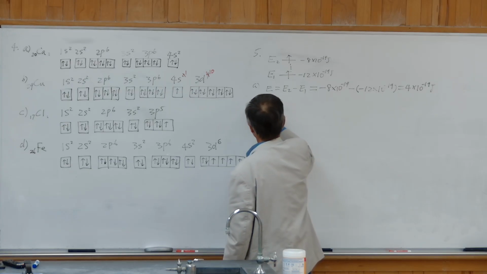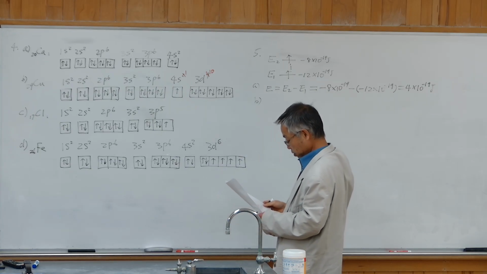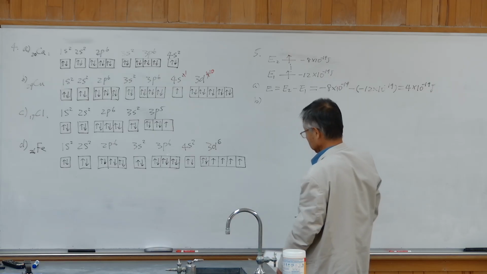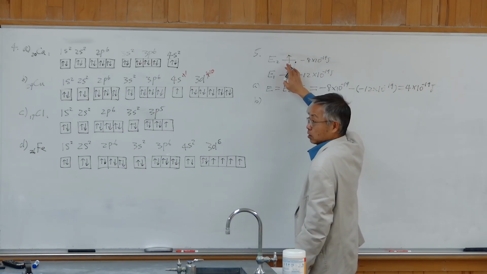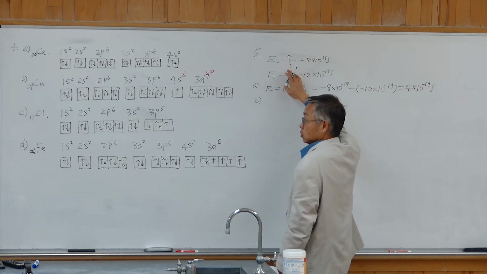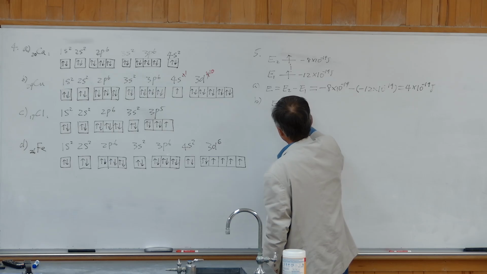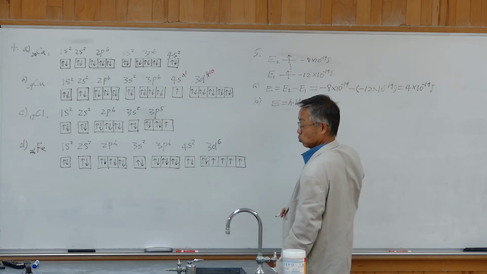Okay. And then B, it asks what is the wavelength of the photon needed to excite an electron from E1 to E2. So this energy comes from light. Light consists of photons. The energy of one photon equals h nu, right? But here it asks for wavelength.